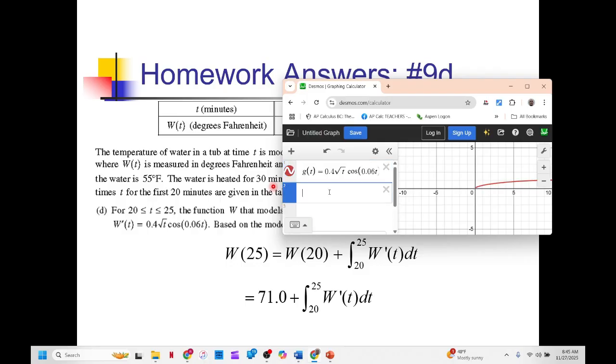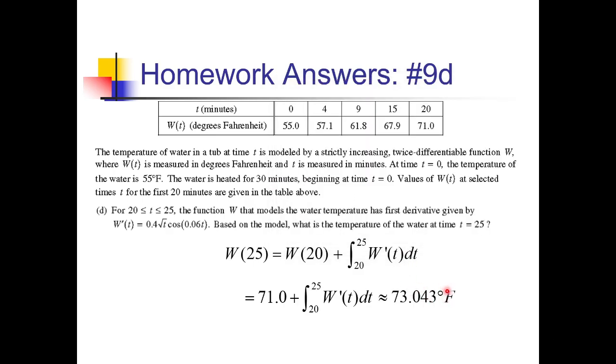So let me go down here now and just do 71 plus integral from 20 to 25, and now I can just put in g(t) dt, and that comes out to 73.043. So that's going to be our temperature in Fahrenheit at time 25.